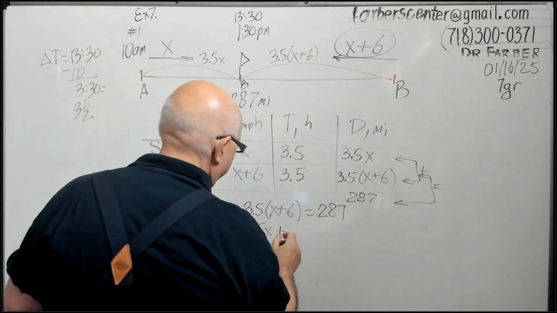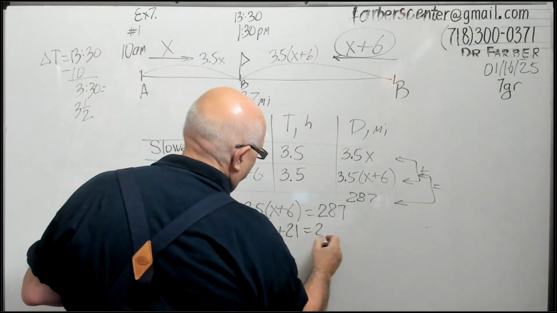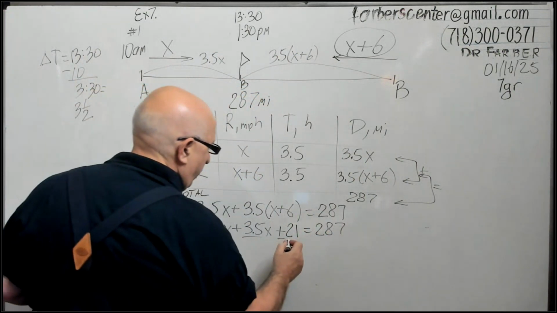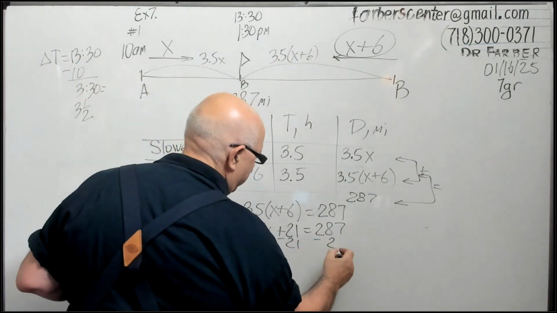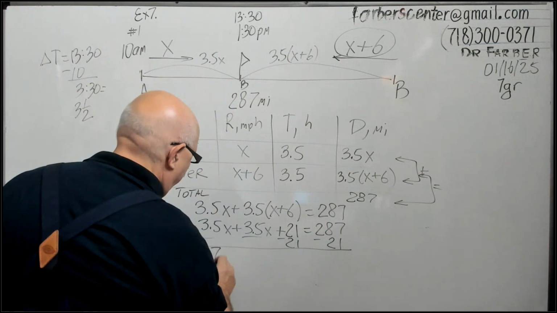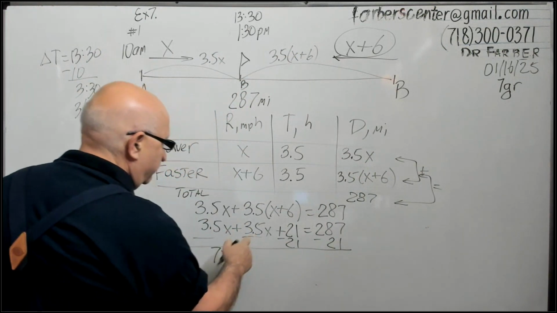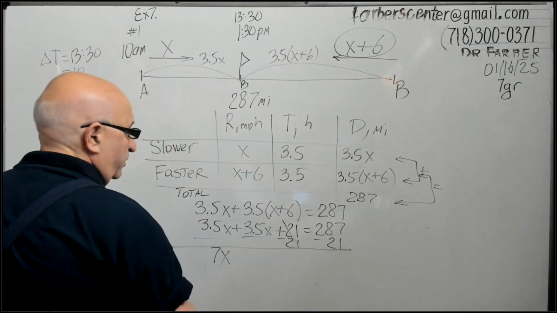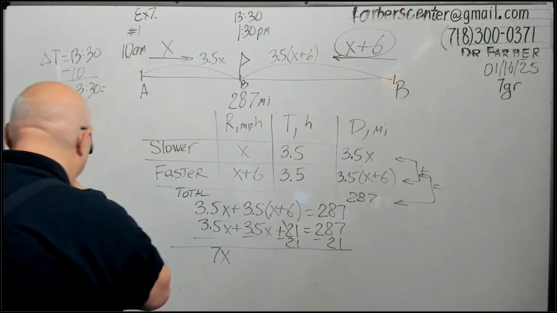In this case, equals 287. Combine like terms, and minus 21. You have 7x, this plus this. Cancel out. This is 266, right?